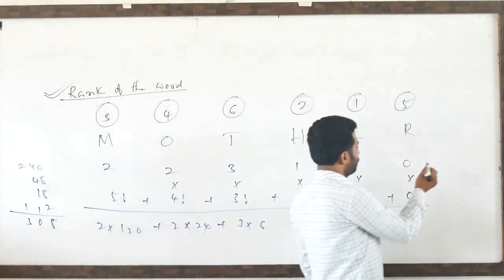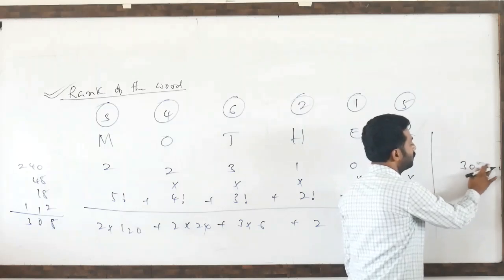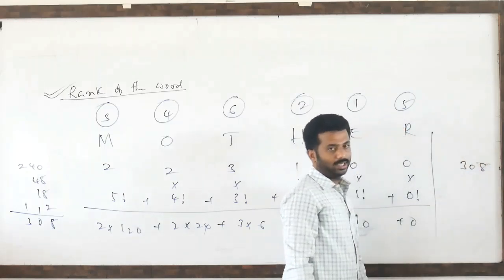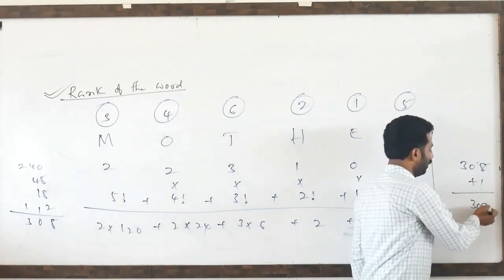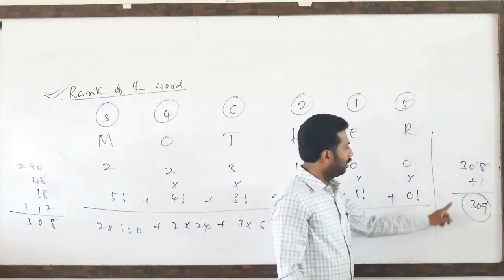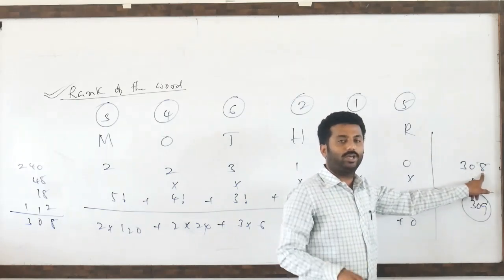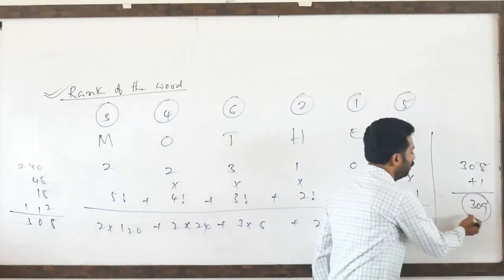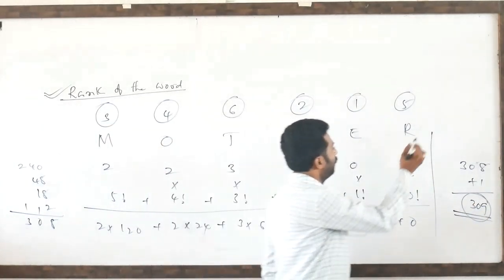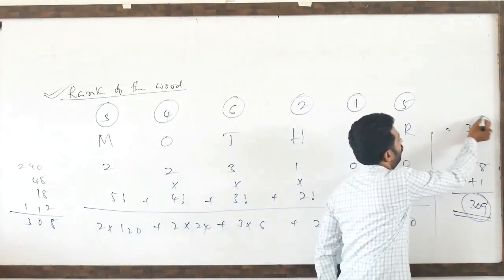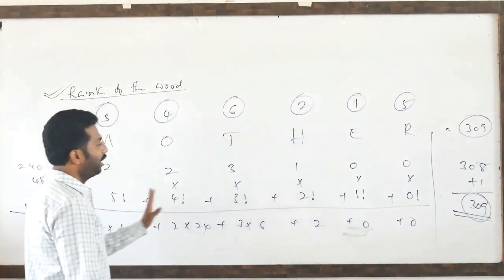So before this word MOTHER, there are 308 words. 308 words are there. What is the rank of this word? Plus 1. For any problem, suppose 308 is the count, the rank of the word means plus 1. So plus 1 is nothing but 309. So the rank of the word MOTHER is 309. Like that we have to calculate the rank of the word.